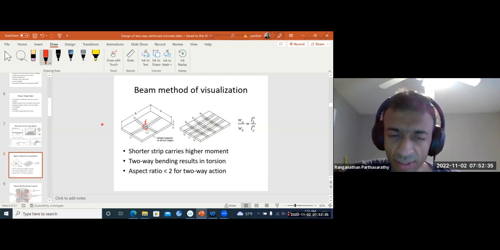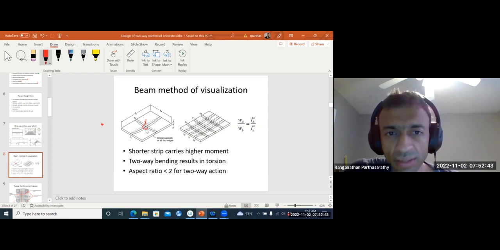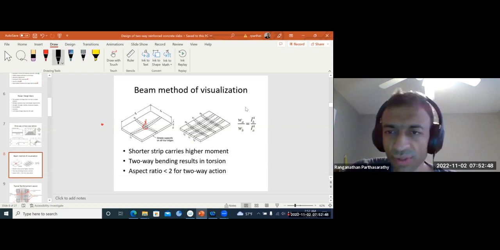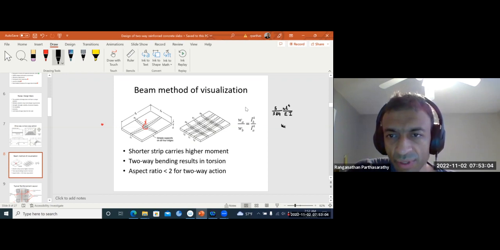If you use a deflection formula, like what you may remember from serviceability, for a uniformly distributed load, with EI, then you can get roughly that in direction A, WA LA to the power 4 is equal to WB LB to the power 4.